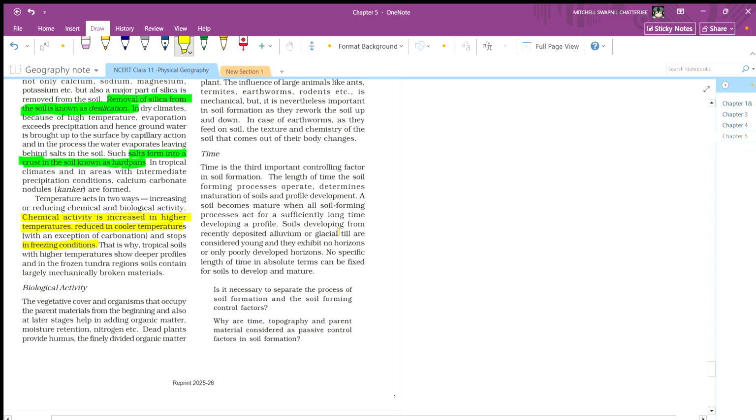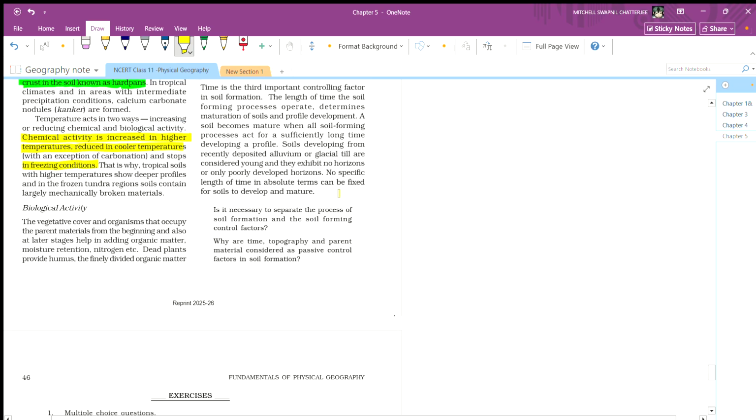Soil developing from recently deposited alluvium or glacial tills is considered young, and exhibits no horizon or only poorly developed horizons. No length of time in absolute terms can be fixed for a soil to develop and mature.